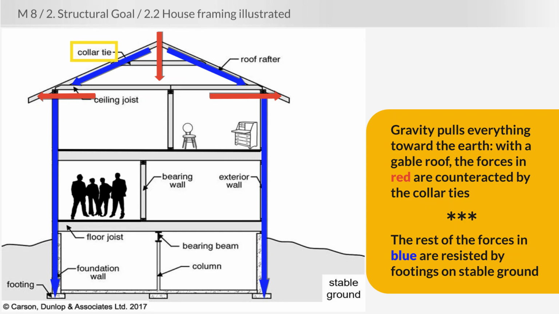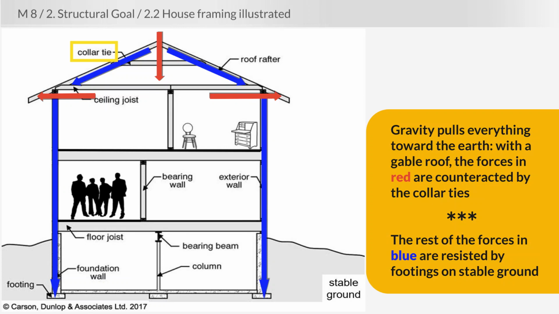The idea of placing a collar tie in an attic is to make a triangle, because a triangle is a very stable figure. You may recall from geometry squares, rectangles, and triangles. Well, a rectangle is not quite as stable as a triangle, because a triangle is fastened only at 3 points. It's a stable type of structure.